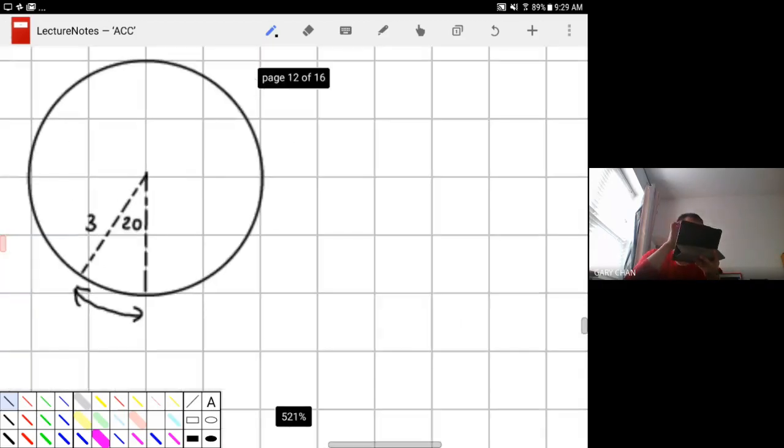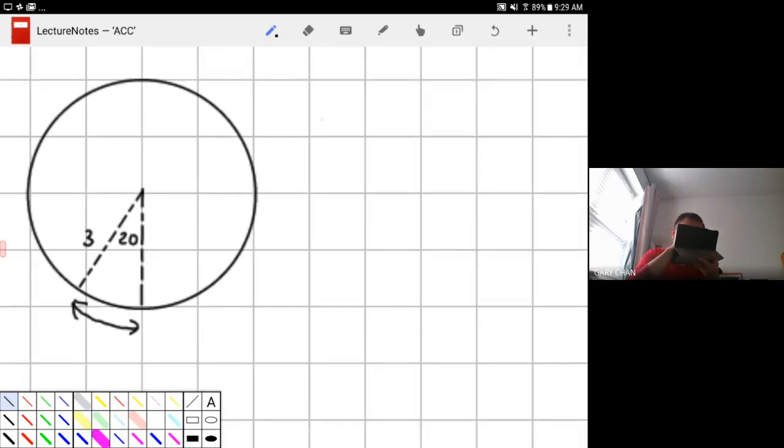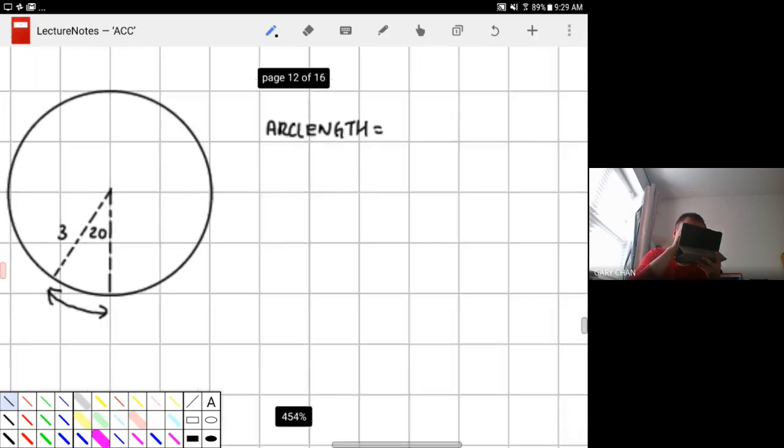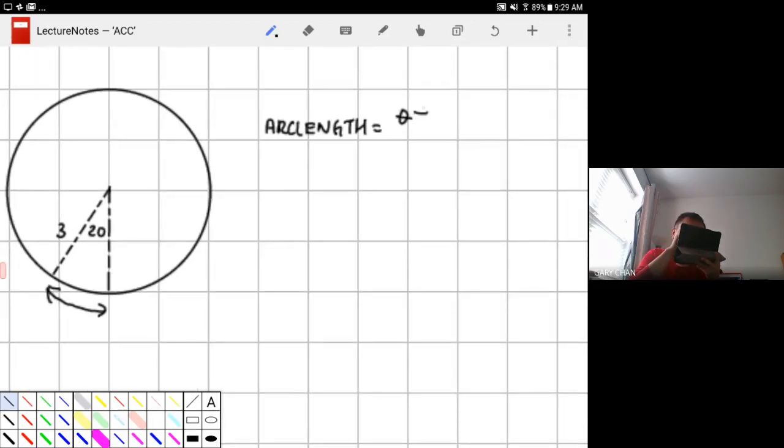So according to the formula I gave you during office hours today, that we had created together, arc length is equal to theta pi over 180 times r.